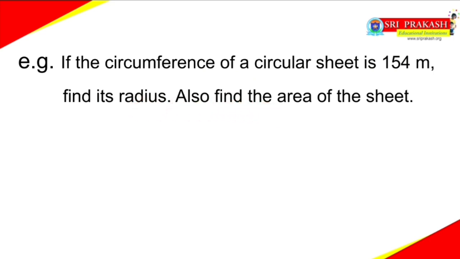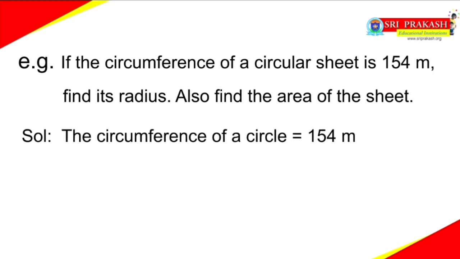So let us start. According to the problem, the circumference of a circle is equal to 154 meters. Children, what is the formula to find the circumference of a circle? Yes, it is 2 pi r. So let us equate it with 154. Then we get 2 pi r is equal to 154.